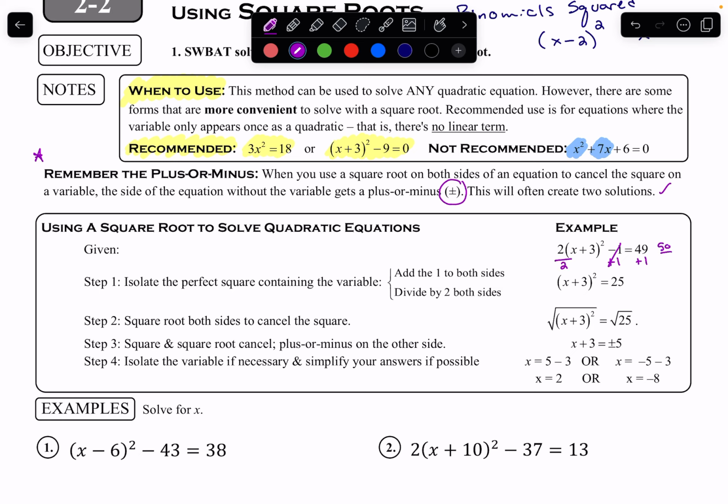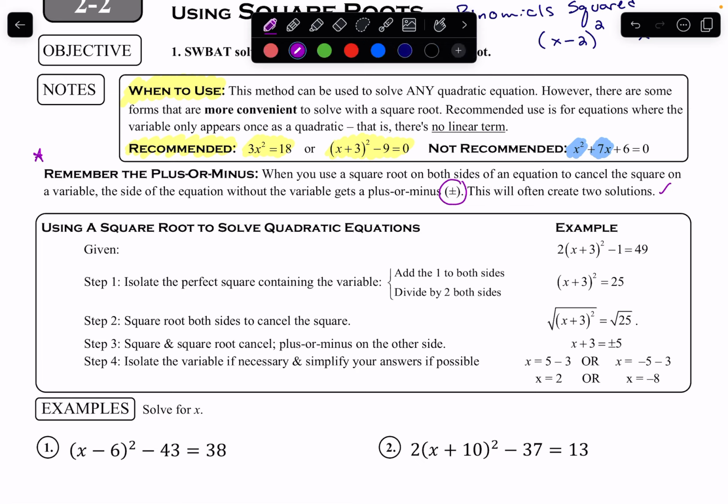So it takes 50 and divides it by 2. And that's how they end up with x plus 3 squared equals 25. That's where that came from, from that 50 divided by 2 and the x plus 3 squared being left over. Now, we got all the extra stuff on the outside gone.